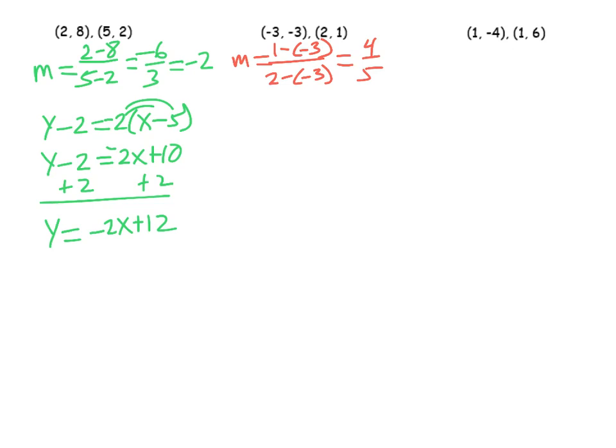And then I am going to use this point right here, 2, 1. Again, either point works. If you find that one has both points that are positive, I tend to use it just because there's not a negative sign to keep track of, right? So here I'm like 2, 1, -3, -3. Again, it doesn't matter. 2, 1 is the easier point to use, so that's the one I'm going to do.